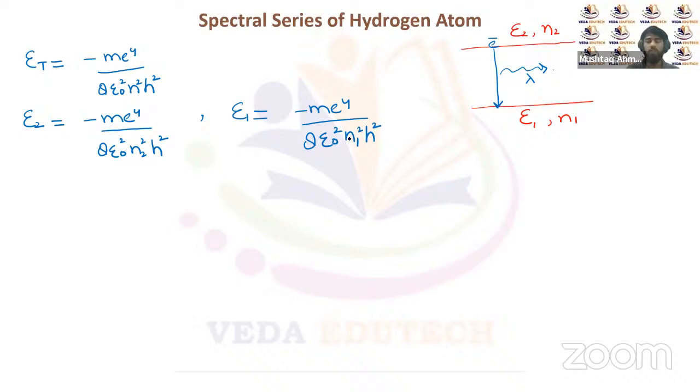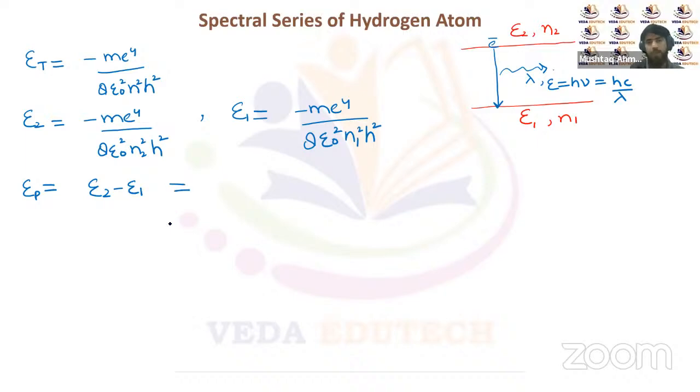Now the energy of this photon will be equal to the energy difference between the two energy levels. We know that the energy of the photon is equal to h nu, or we can write that as hc upon lambda. Let's suppose Ep is the energy of the photon. That will be equal to the energy gap between the two levels, that's E2 minus E1.